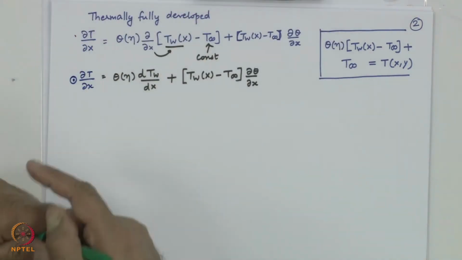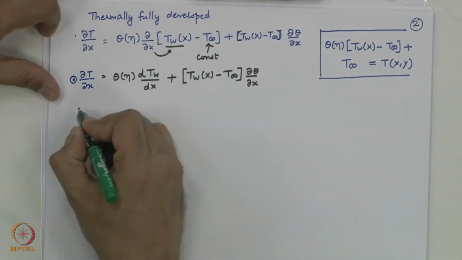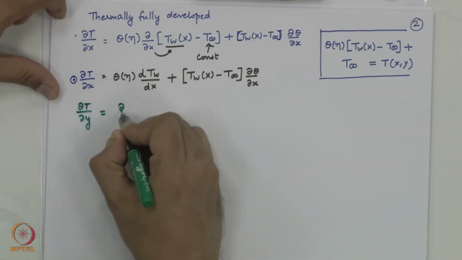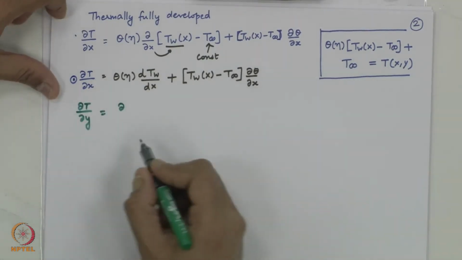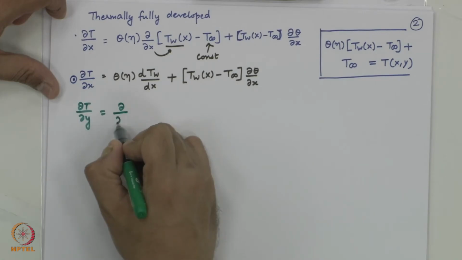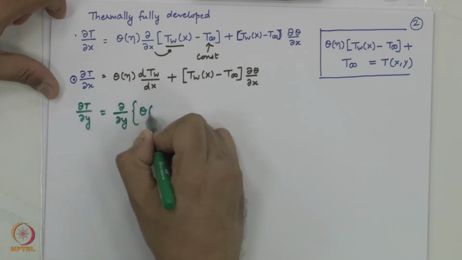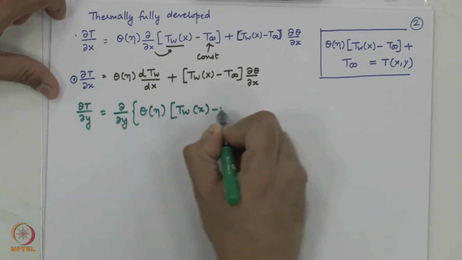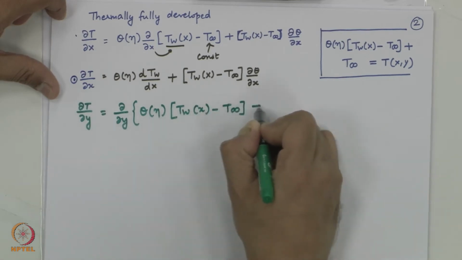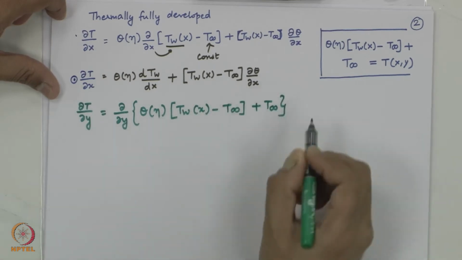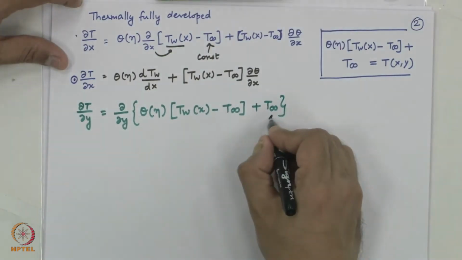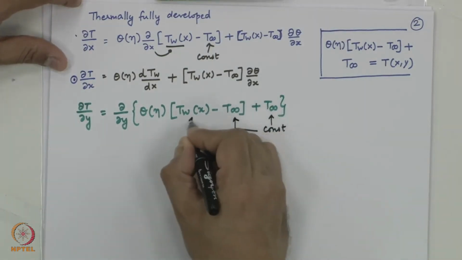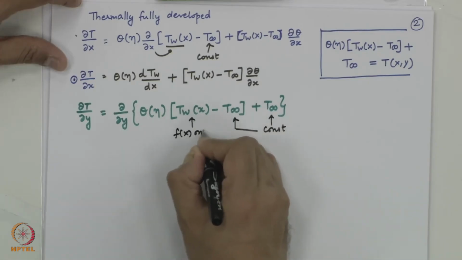Next, we will write dt by dy. Dt by dy is d by dy of this quantity, d by dy of theta of eta tw of x minus t infinity plus t infinity. T infinity is a constant. This is a function of x only.